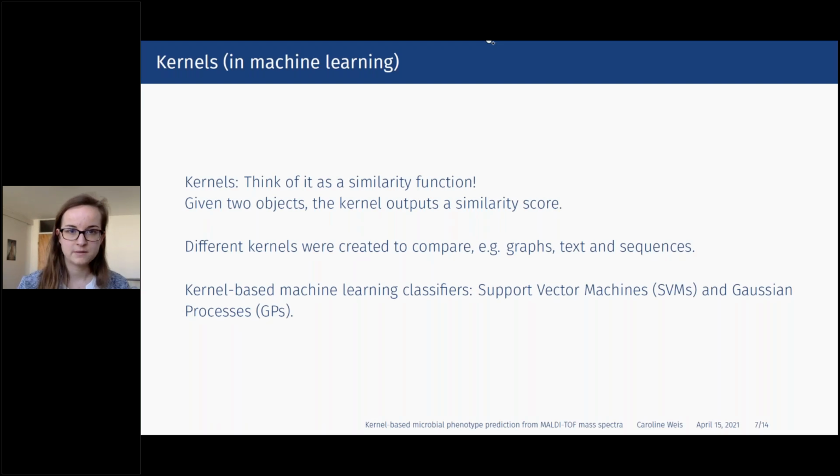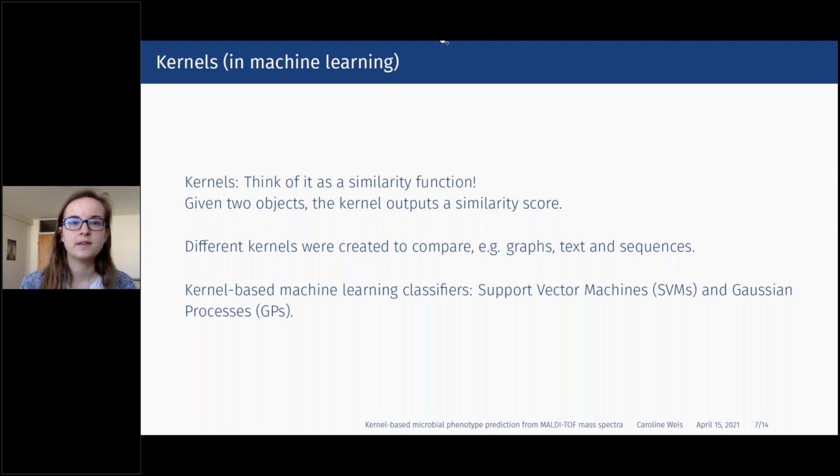And kernel functions in machine learning, if you're not familiar with them, just for the sake of this talk, think about them as a similarity function. So given two objects, the kernel will output a similarity score. And these kernels are developed for different types of data inputs. So for example, you can have a graph kernel that would take in two graphs as input objects and output a score on how similar these graphs are. Same goes for text kernels, same goes for sequence kernels.